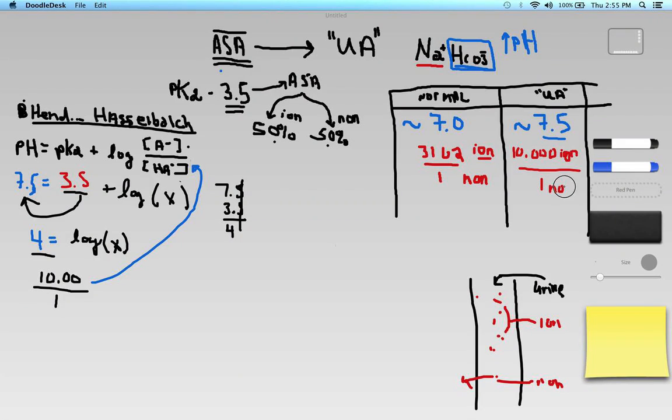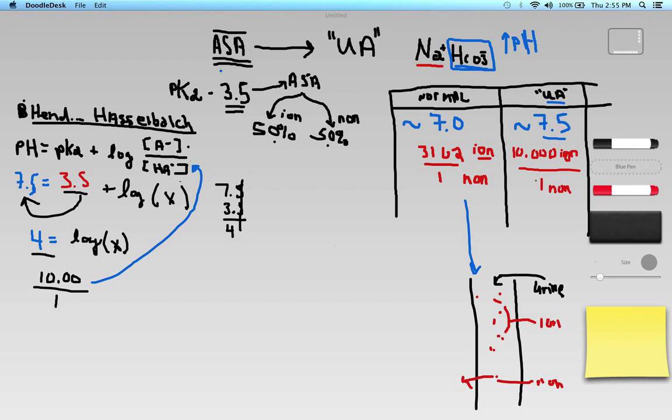At this point, 99.9999, three nines I believe, percent of my aspirin is in its ionized form. So here, I'll just draw an arrow. I had 3,000 parts ionized to 1 part non-ionized. Now, by increasing the pH of the urine, I have 10,000 parts of ionized aspirin to 1 part non-ionized.